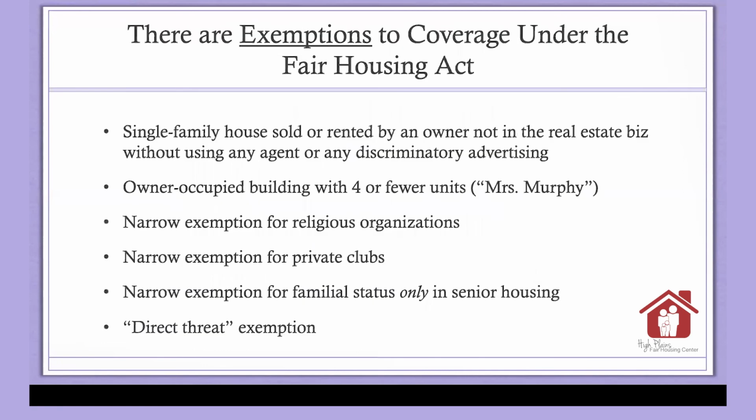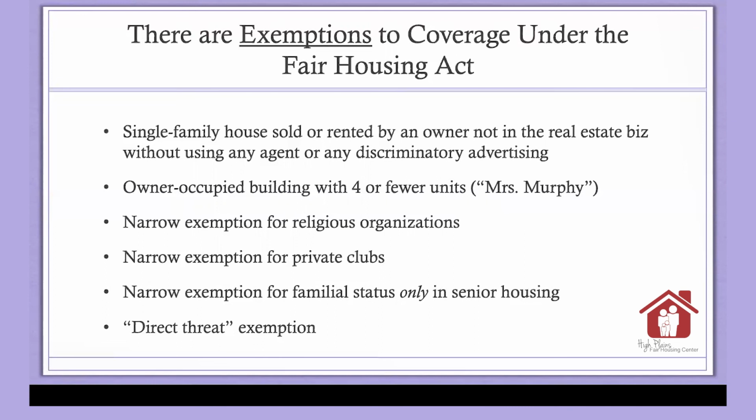There are exemptions to coverage. We've briefly talked about those for the single-family home sold or rented by an owner who's not in the real estate business and without using any agent or any discriminatory advertising. There are exemptions for owner-occupied buildings with 4 or fewer units.